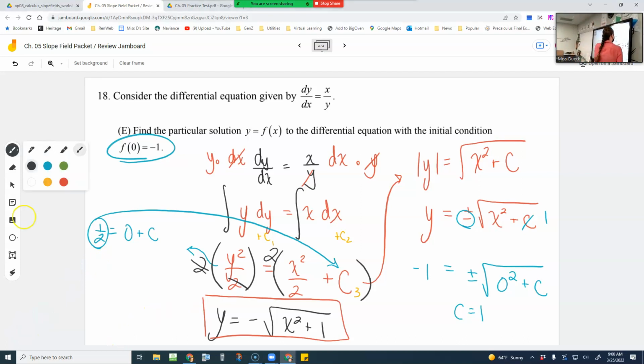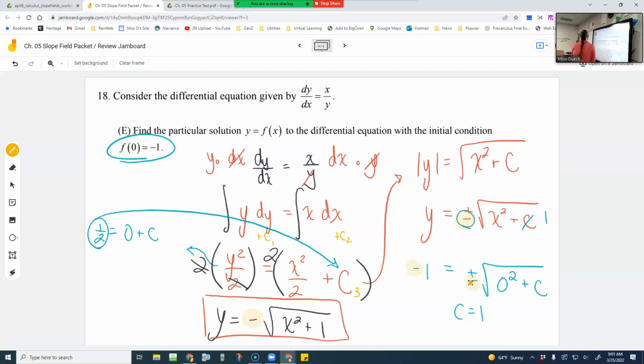The question was just kind of clarifying why I had to choose the negative for my particular solution. When you solve for the C early on, you might not realize what needs to happen. When I solve for the C a little bit later, the only way I can have a negative coming out of the square root is if there's a negative right here.